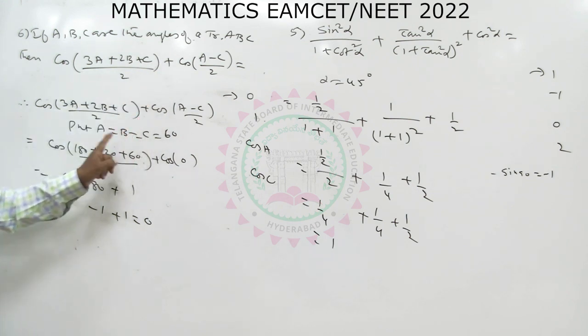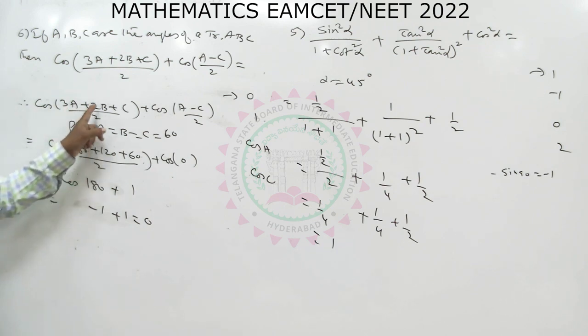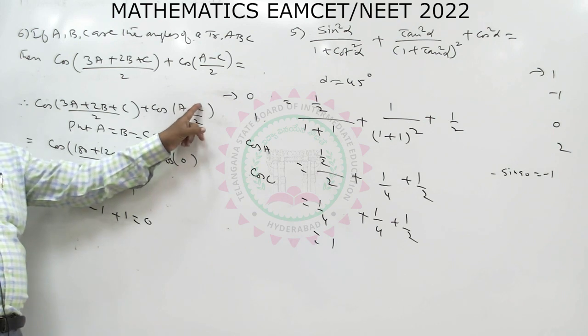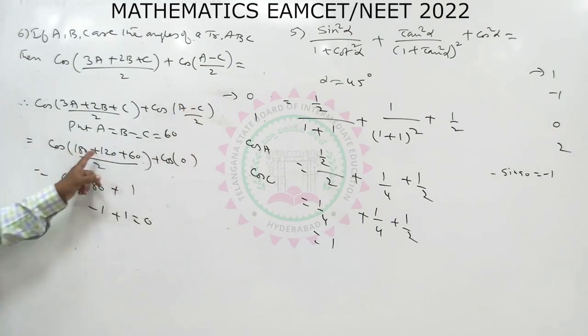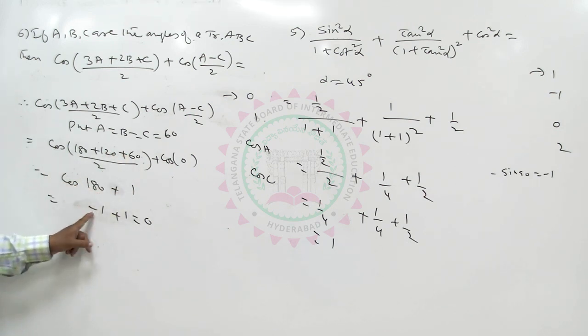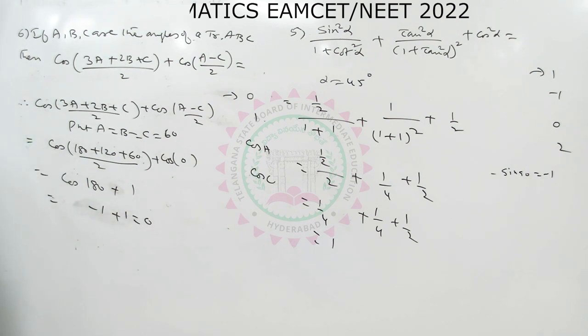If I put A equal to B equal to 60 degrees, this becomes 180 plus 120 plus 60 by 2 plus 60 minus 60, which is 0. Cos 0 is equal to 1. This is nothing but cos 360 by 2, cos 180. The value of cos 180 is minus 1. Minus 1 plus 1 is equal to 0. Therefore, the answer is 0.